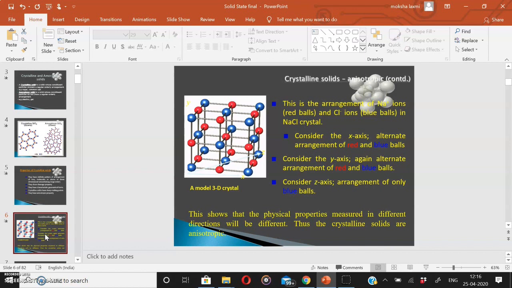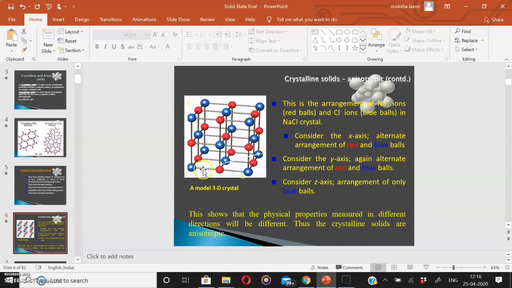In this figure, the sodium ions are shown by red balls, whereas chloride ions are shown by blue balls. Now, to understand the meaning of anisotropy, observe this diagram carefully.